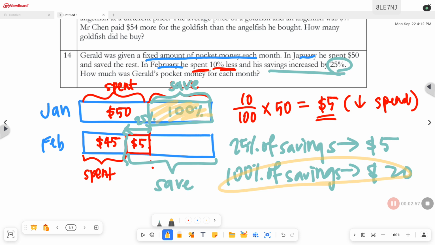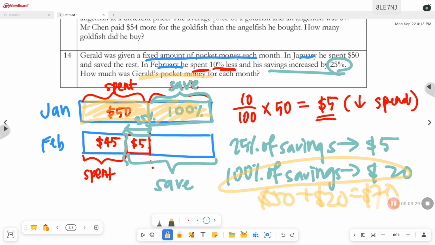And they ask me, what is my pocket money for every month? If I know my savings is $20 and this part here is my spending, which is $50, I just take $50 plus $20. That will give me $70. So $70 is my pocket money. If you get $70, good for you. But if you get it wrong, please go and understand very clearly this part here, where you're probably confused.